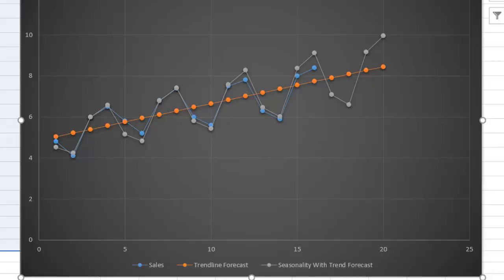As you can see, the seasonality with trend forecast is very much similar or was able to capture the movement of the actual time series. And this pattern is incorporated for our forecast on the year 5. So this is our first quarter forecast, second quarter, third quarter, and fourth quarter forecast of year 5.